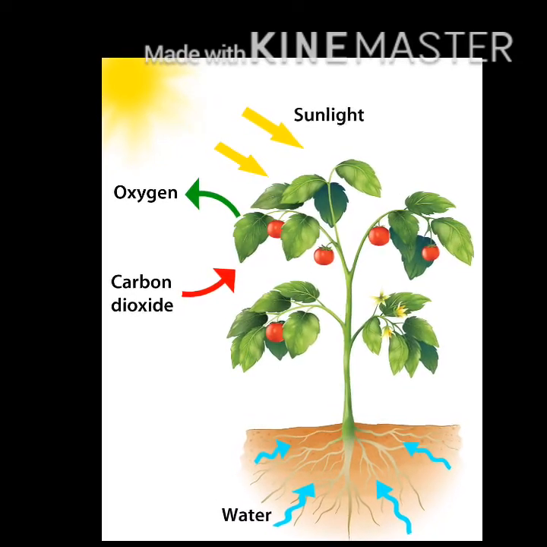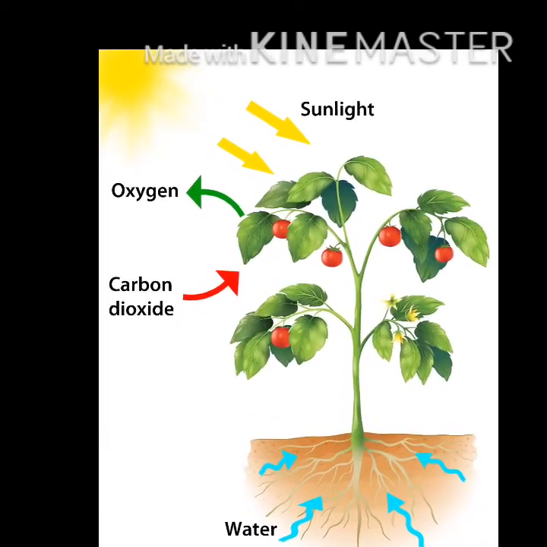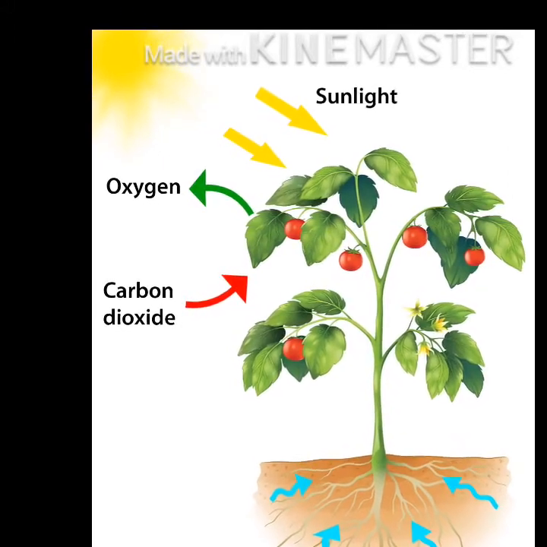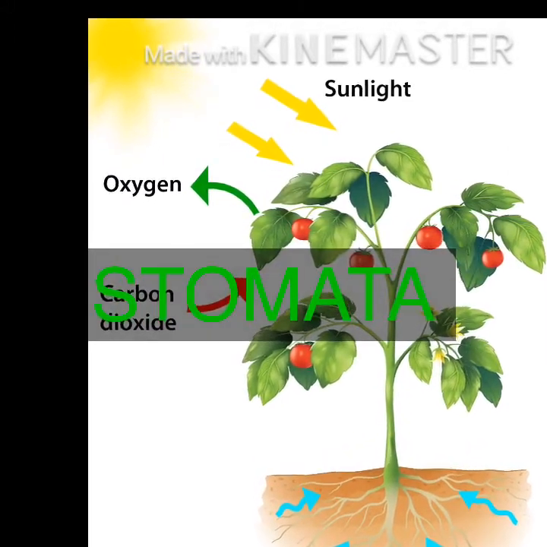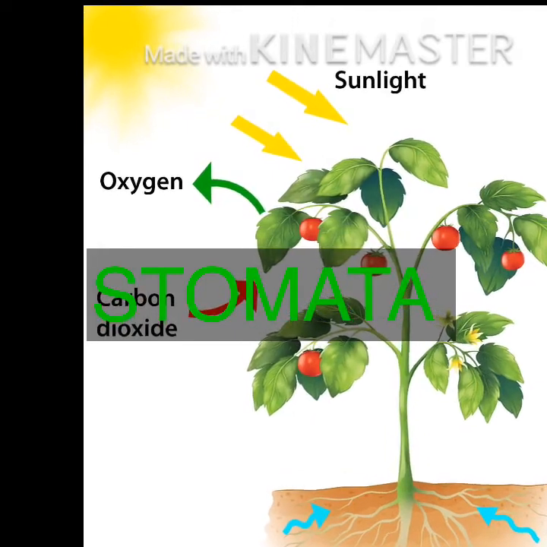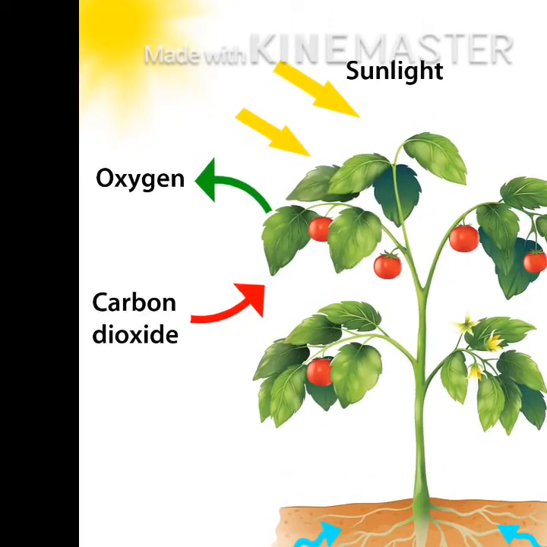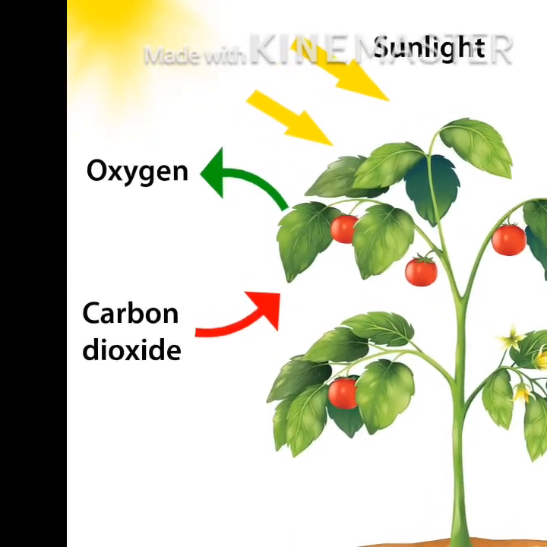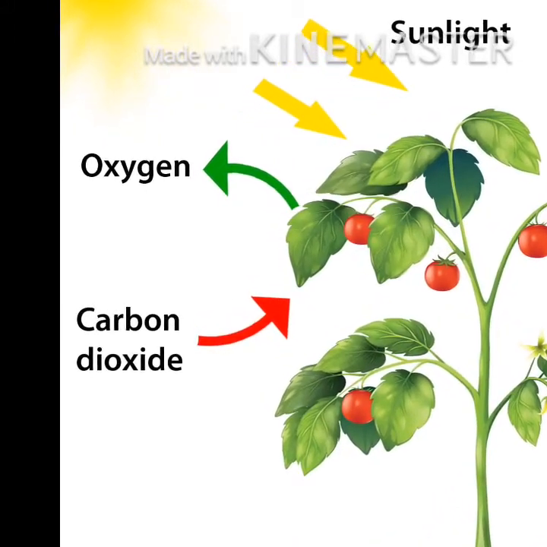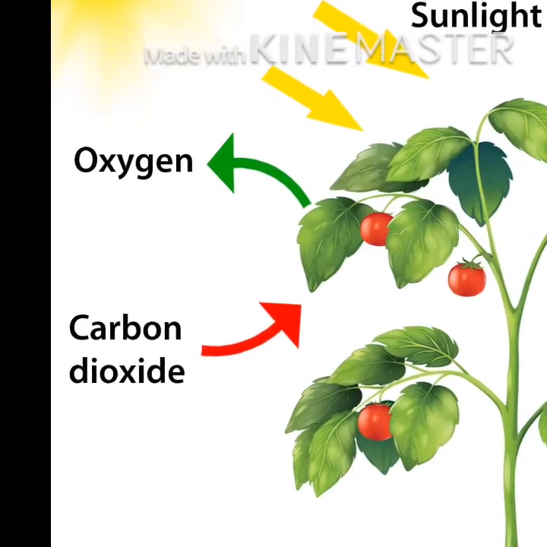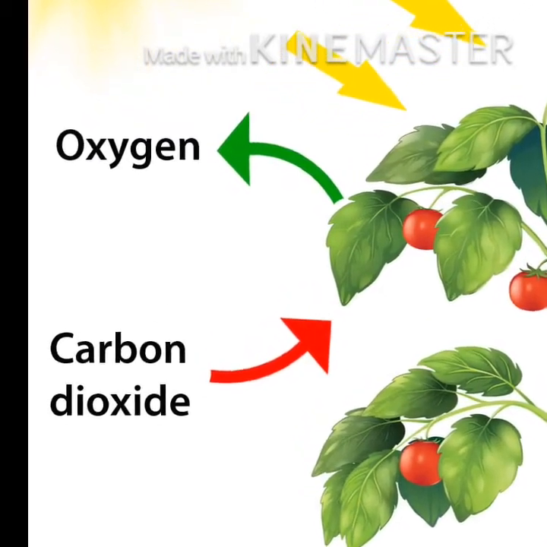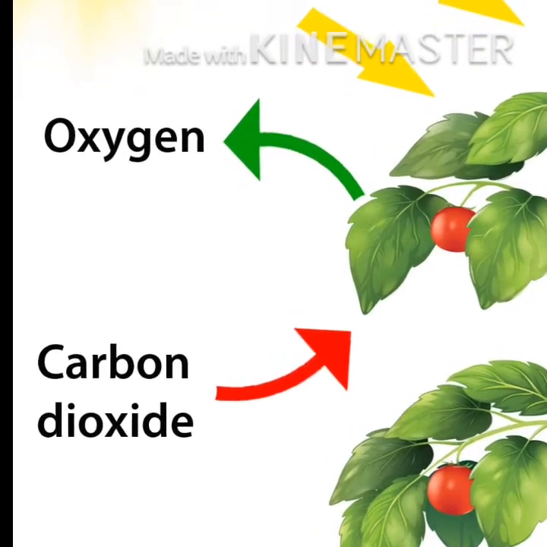Like this, the carbon dioxide from the air reaches the plant cells through tiny pores called stomata. Stomata are tiny openings present mostly on the underside of the leaves. These openings are surrounded by guard cells. The leaves take in carbon dioxide and give out oxygen through these stomata.